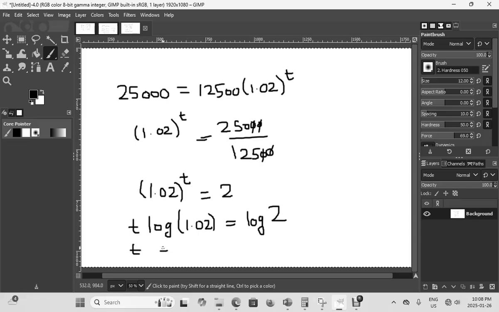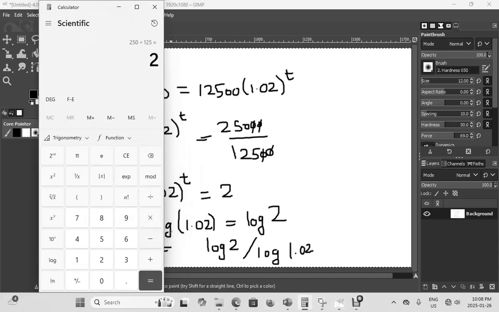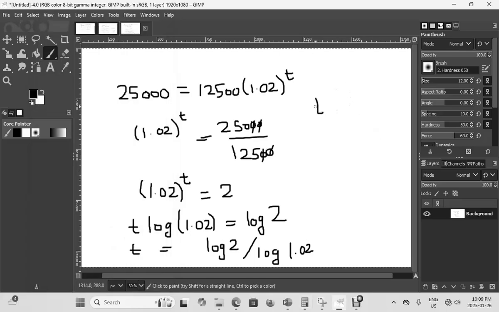Which means t will be equal to log 2 divided by log 1.02. We can use the scientific calculator to figure this one out: log 2 divided by log 1.02 gives about 35. So t equals 35.